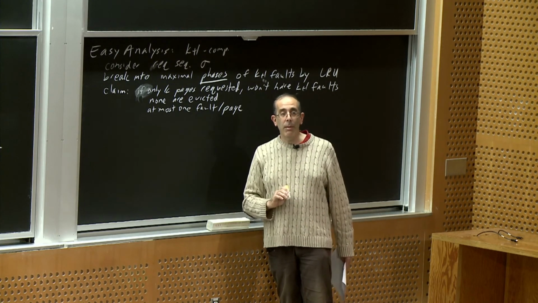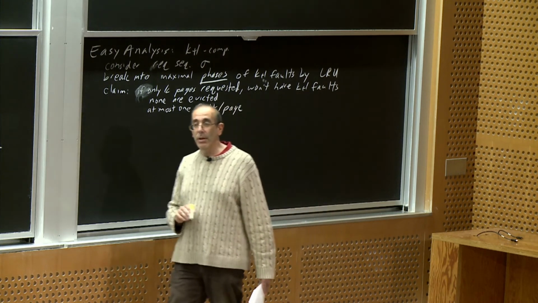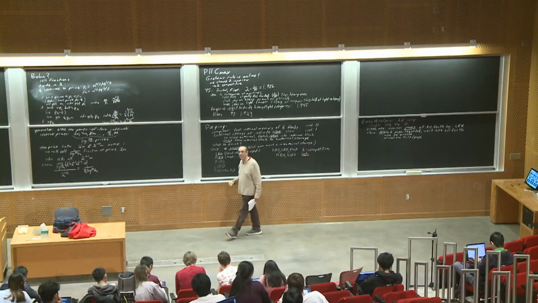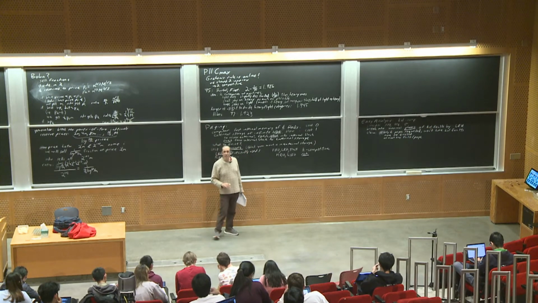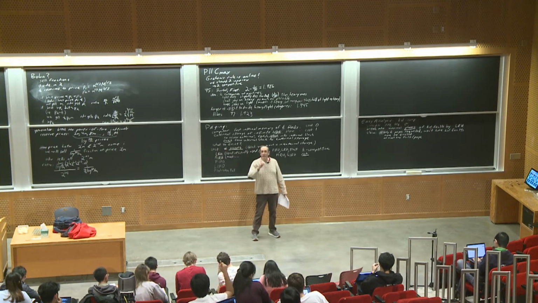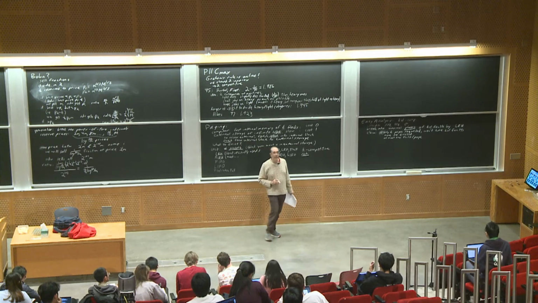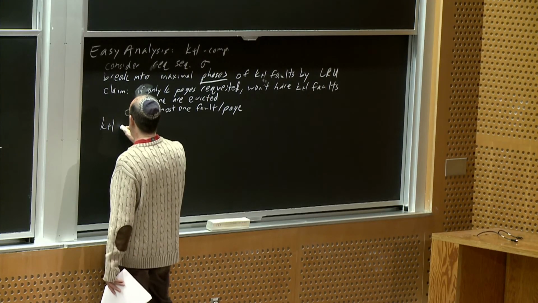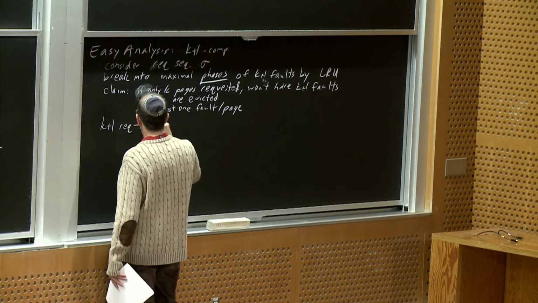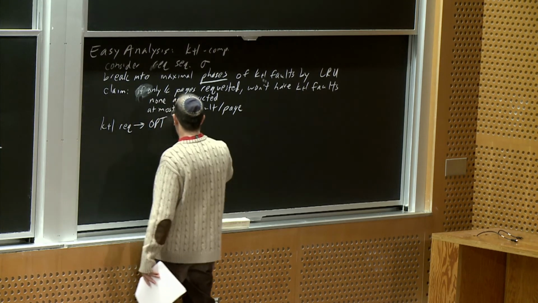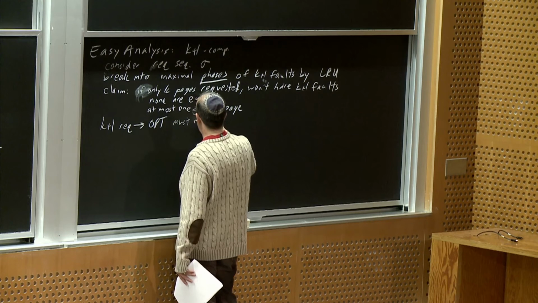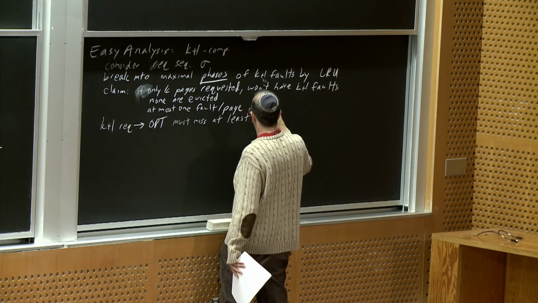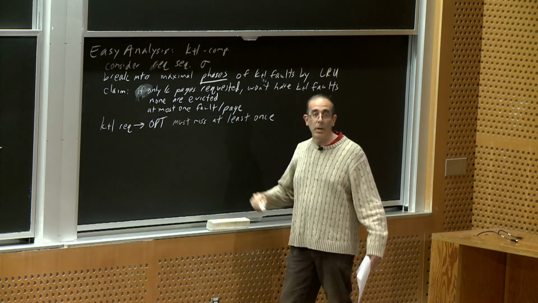Now, if more than K pages are requested in a phase, what can we say about opt? K+1 requests can't all fit in memory. So that means that opt, whatever the optimum algorithm is, must miss at least once. And so we're done.